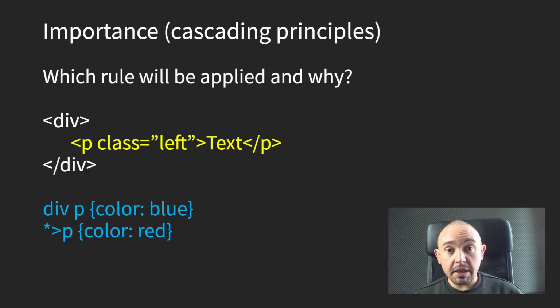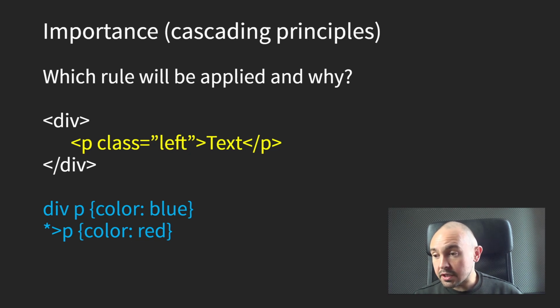Which rule will be applied here? We have a p tag with the class of left, which is inside a div tag. We can see we have a combinator in our second CSS rule, which is pointing to the child. And as we may know, in medal classification, combinators don't matter. We only look at the tags, classes, pseudo-classes, and IDs in the selectors.